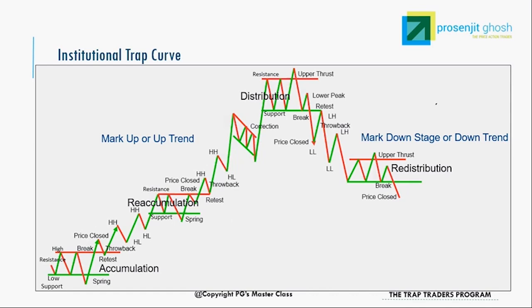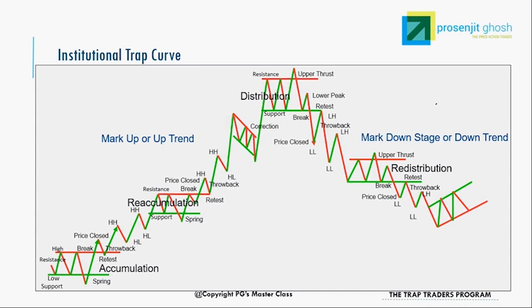So once the price closes below, then what happens? Price retraces back to the distribution, a throwback happens, a retest happens, and price continues its downtrend. Okay, price continues its downtrend by creating lower highs and lower lows. Now, price is moving down, again price starts moving up.